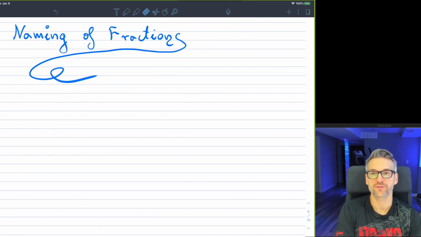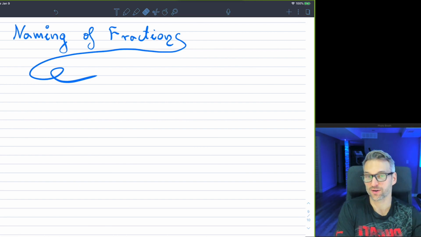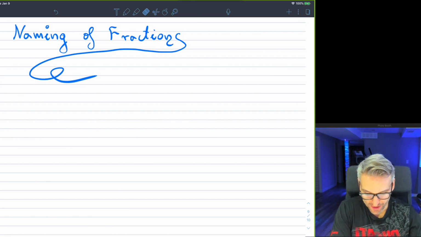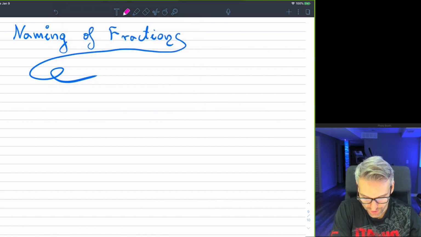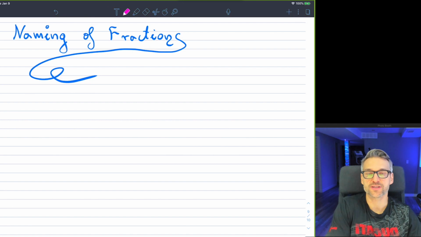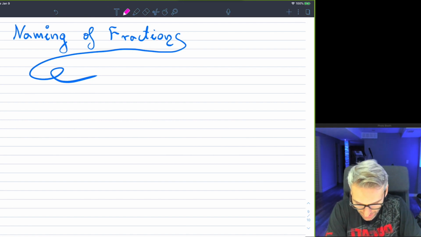Now, very often when students have to name fractions properly, it is a bit of a challenge, because typically we just use what we think is correct, and it may not always be correct. So I want to start off by showing you a couple of fractions that everyone should know how to name. Those are, for example, 1/2.